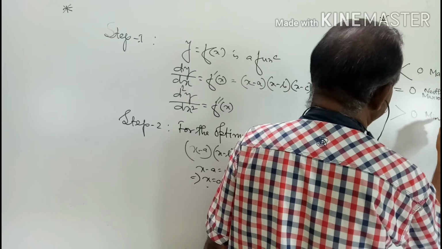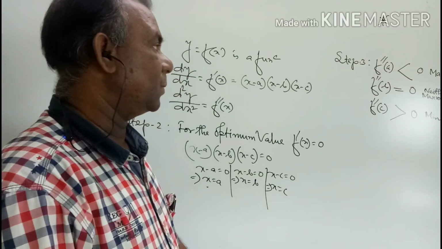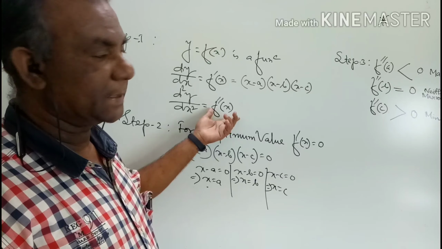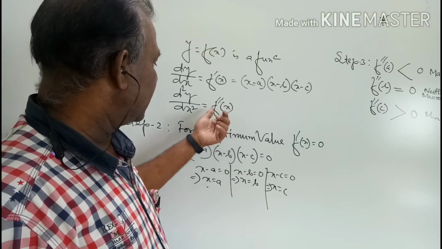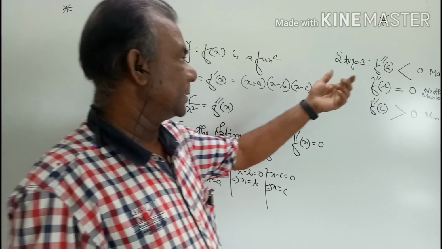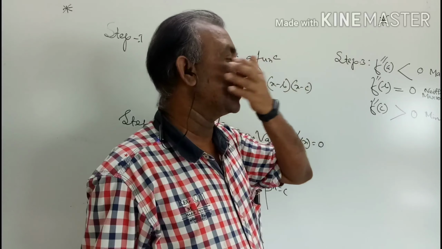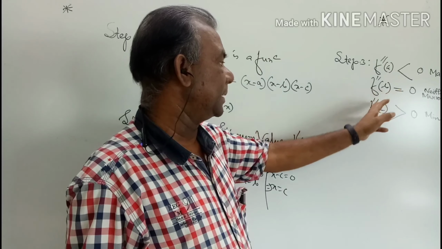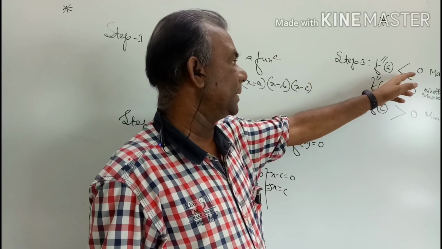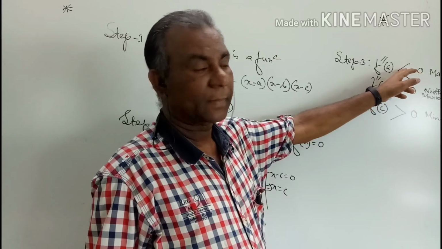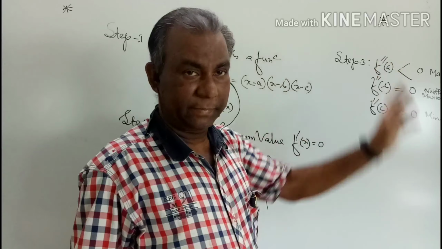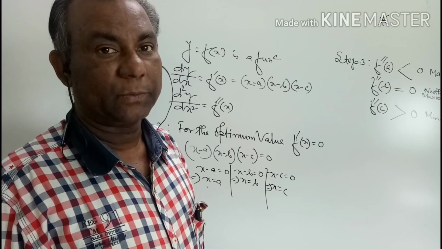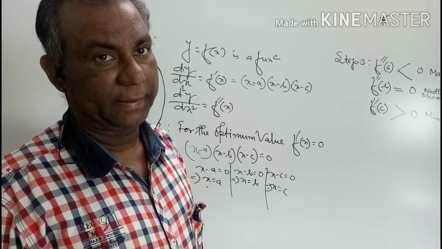So remember, if you put the values of x in the double derivative, it is called the double derivative test. Then you see the values of f double dash a, f double dash b, f double dash c. If you get less than 0, then the given function has a local maximum at x equal to a.